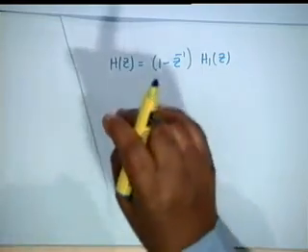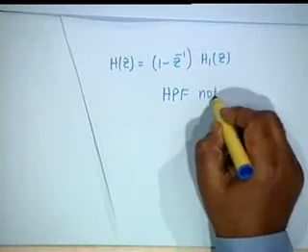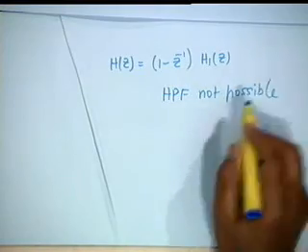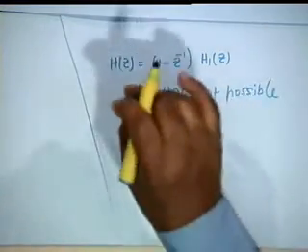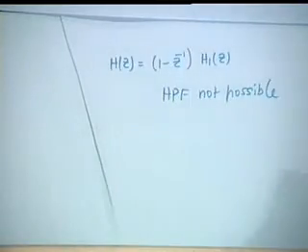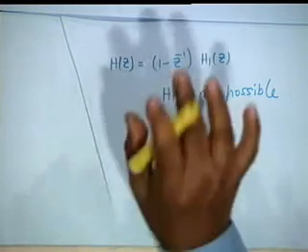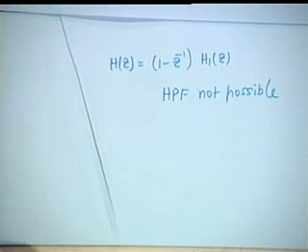H of minus 1 is identically equal to 0, and therefore HPF not possible. Is the point clear? With type 1 it was not a problem. H of 1 was equal to H of 1, H of minus 1 was equal to H of minus 1. But here H of minus 1 is identically equal to 0 because capital N is odd.